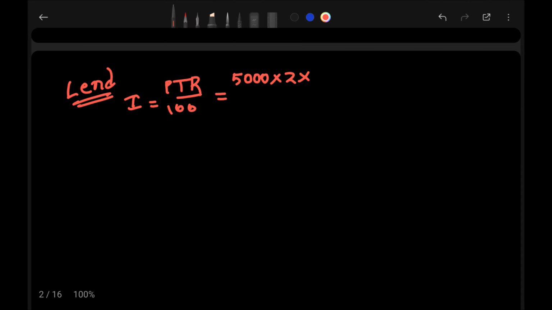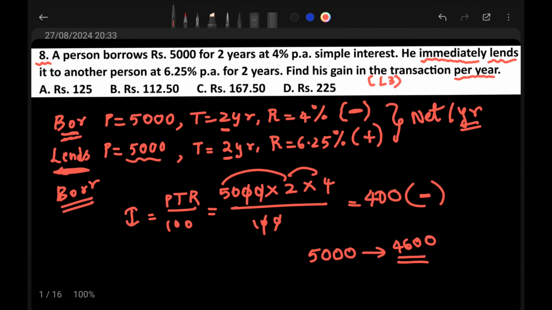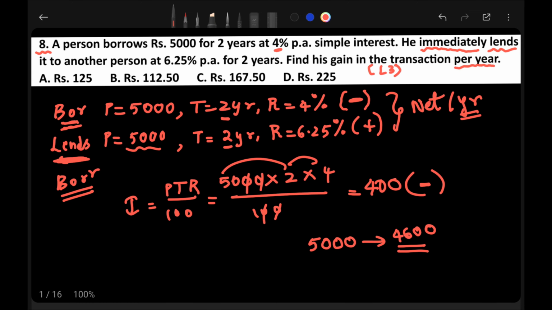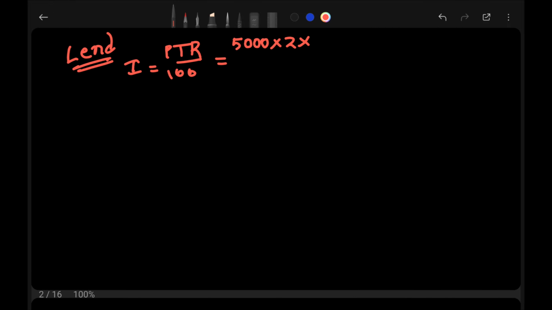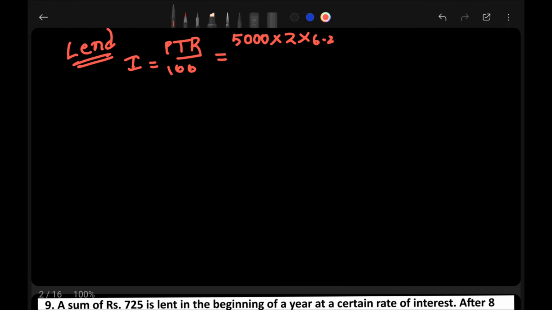Time is 2 years and the rate is increased. See, this cunning guy increased the rate. First it was 4, now it is 6.25. It is called business, dude. Now this becomes 6.25 divided by 100. If you simplify, the zeros cancel, 5 twos are 10, and 10 times 6.25 gives 625.